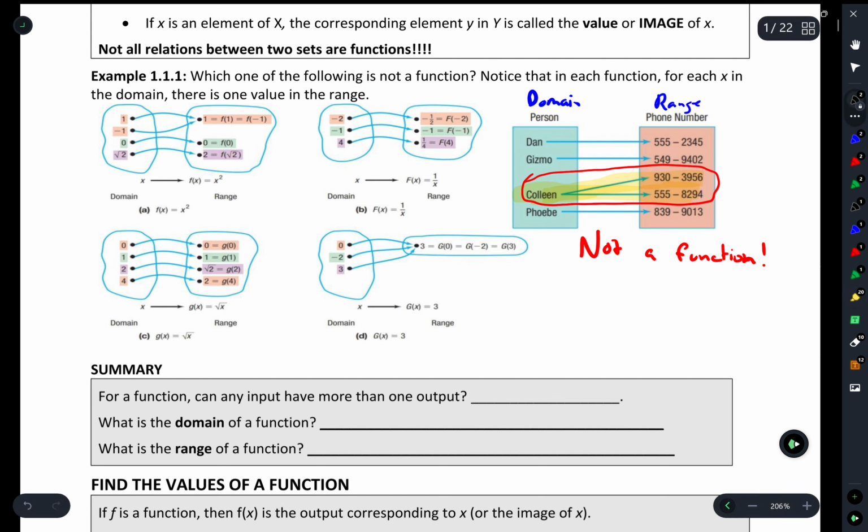All right, last thing I want to cover right here is a summary of what we just went over. So for a function, can any input, in other words, can any value in the domain have more than one output? No. What is the domain of a function? The domain of a function is the set of all inputs.